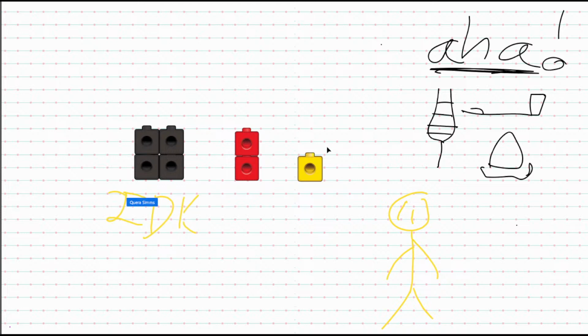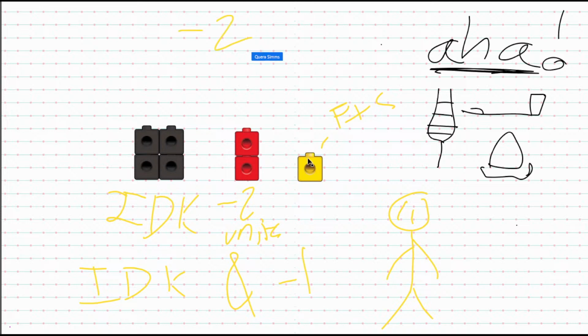We have a line which represents -2 units. And then we have 1 point. So we have I don't know and -1 because a -2 plus a +1 is a -1.